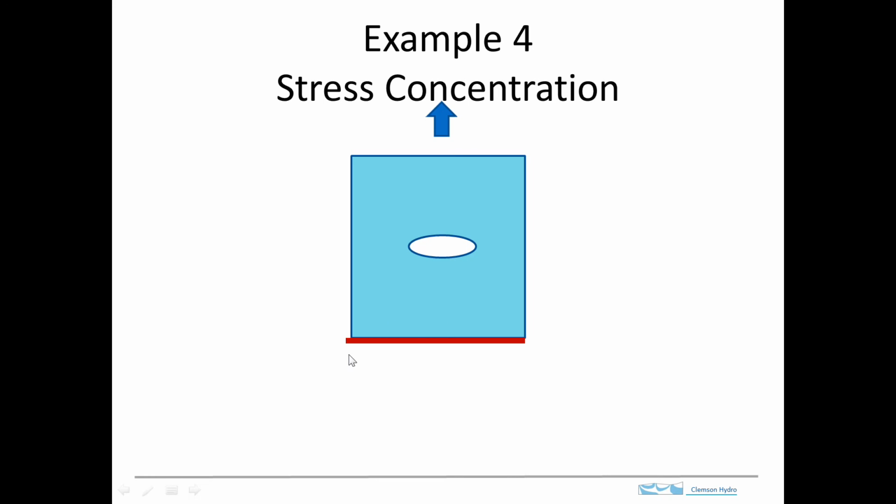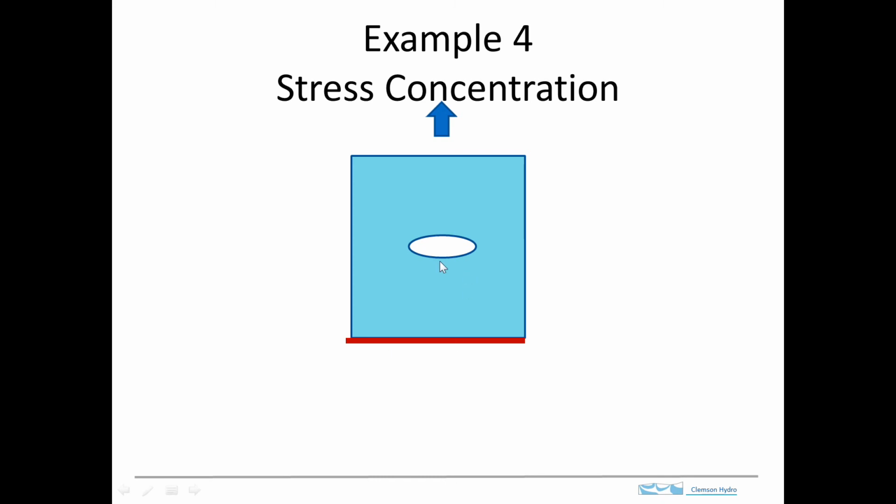Now, in the previous example, we saw stresses concentrated at the corners of the block, depending upon how it was loaded. Those stresses were caused, essentially, we could think of that as friction between the block that was deforming and the base plate. But we got rid of that by putting these roller boundaries on there.